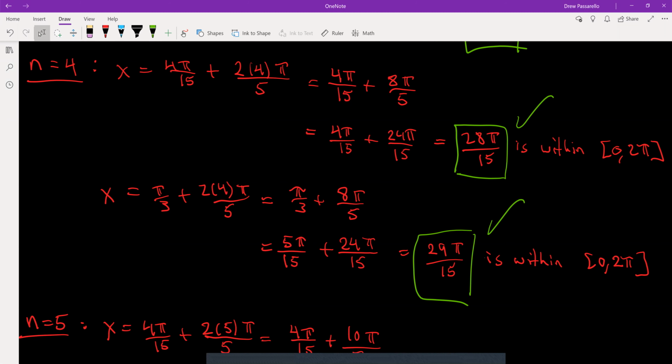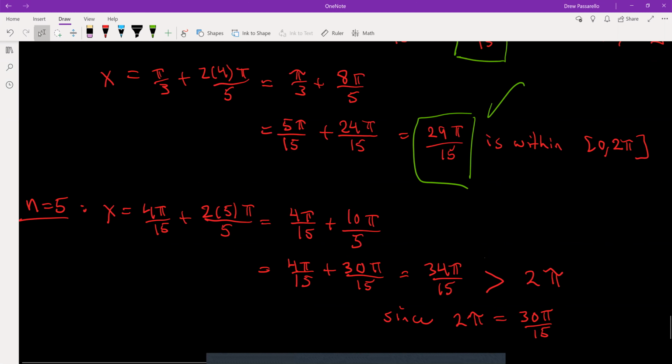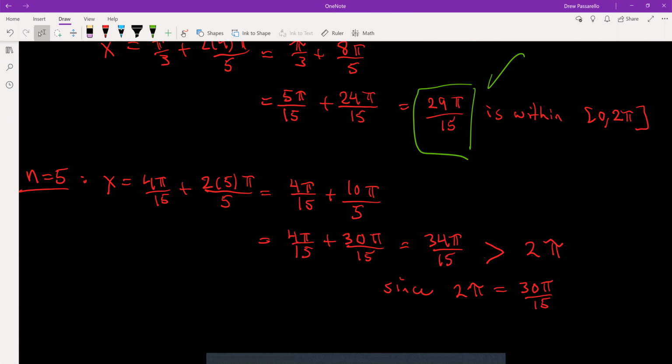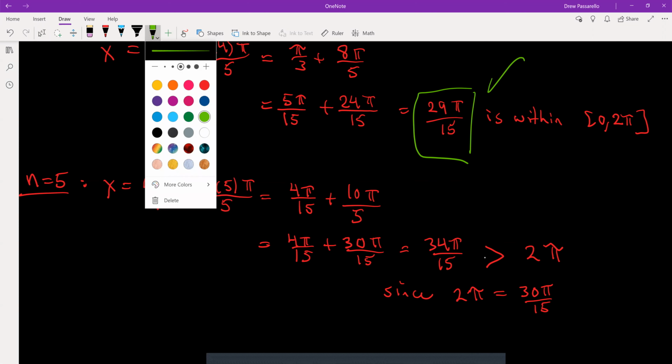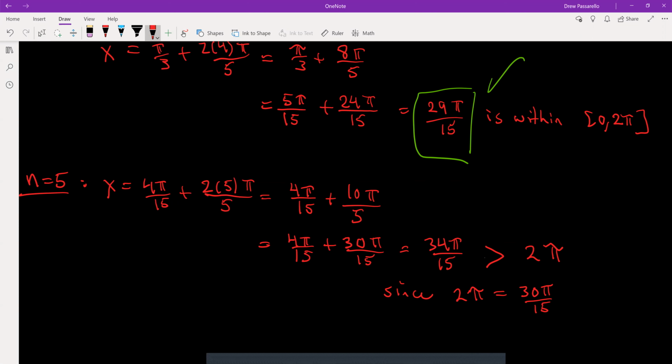And I went ahead and just showed that if you did the next one, plugged in 5, you get, for the first case, 4 pi over 15 plus 30 pi over 15, which is 34 pi over 15, greater than 2 pi, because 2 pi is the same thing as 30 pi over 15. And the other case is going to be greater than that too, because pi over 3 is more than 4 pi over 15.